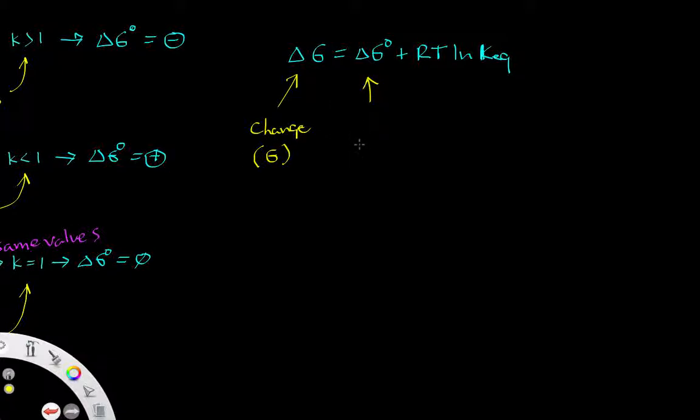Delta G standard is going to be a change in energy, but under standard conditions, and that's what this little degree symbol up here is denoting. So I'm going to write STP, and that's under standard temperature and pressure. Remember that the standard temperature is 25 degrees Celsius or 298 Kelvin, while pressure is 1 atmosphere.